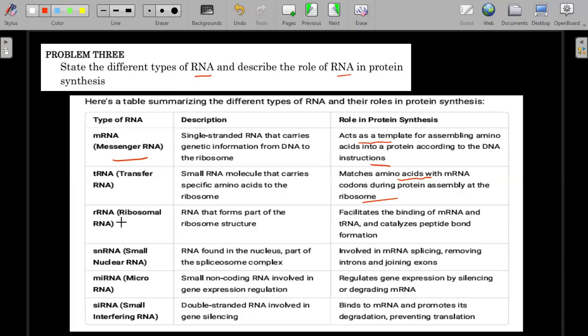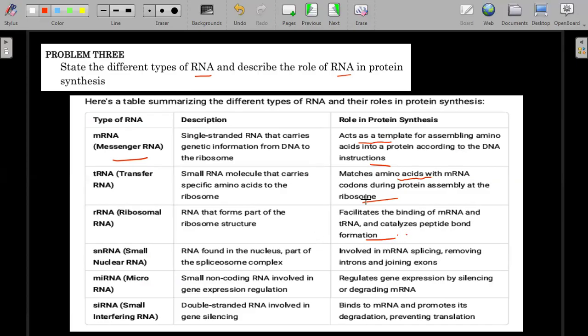And then we also have rRNA, which facilitates the binding of mRNA and tRNA and catalyzes peptide bond formation.